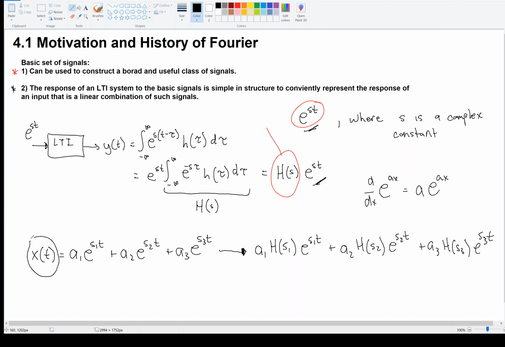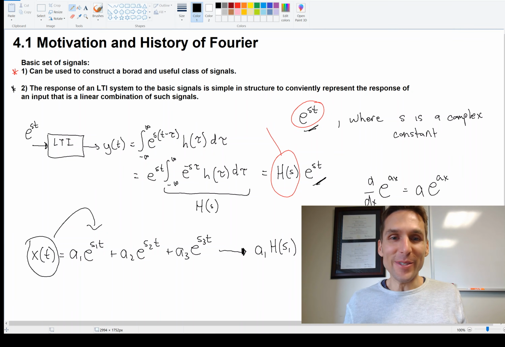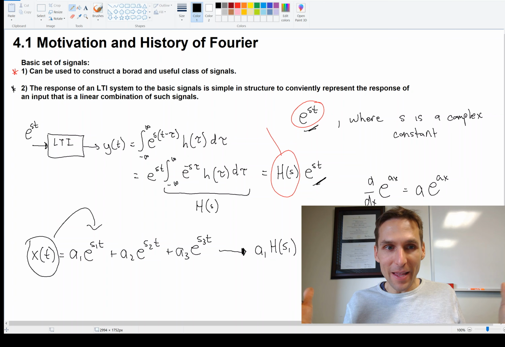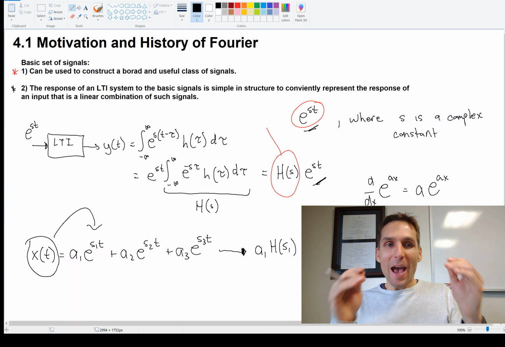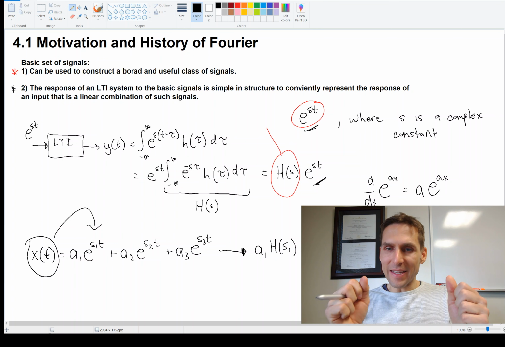What sort of signals can we construct with these complex exponentials? It turns out every signal we can construct like that. All right, so this is a huge thing for us, and we're going to investigate this in quite a bit of detail. And so the first thing we need to do is figure out how we can take a signal and decompose it into these sinusoids, right?